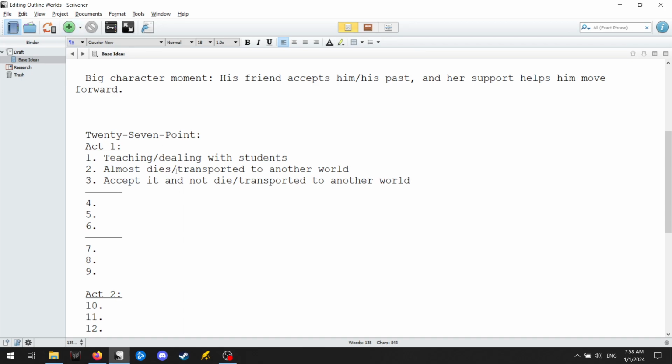Almost dies. I guess this should be offered to become a mage or world hopper. And that's the starting point. So now we're in block 2, which is where he's starting to have issues with everything.